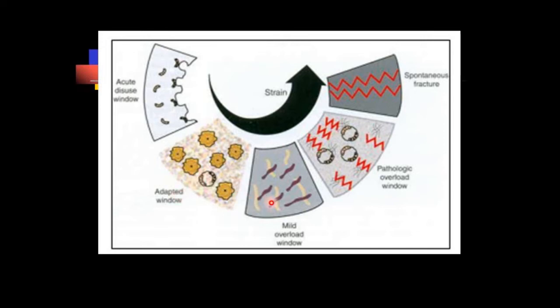Then comes the mild overload window that corresponds to fatigue fracture, and here woven bone formation happens. So this is an intermediate level of microstrain between ideal load bearing and pathological overload. The next one is pathological overload that causes bone resorption, and the bone fractures at around 10,000 to 20,000 microstrain units. So these are the 4 distinct microstrain patterns described by Frost.